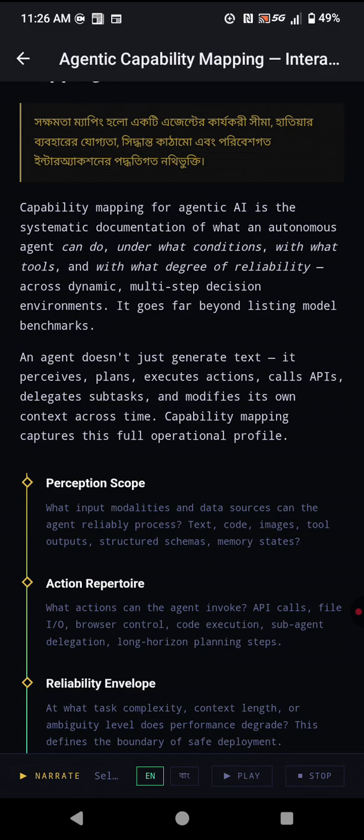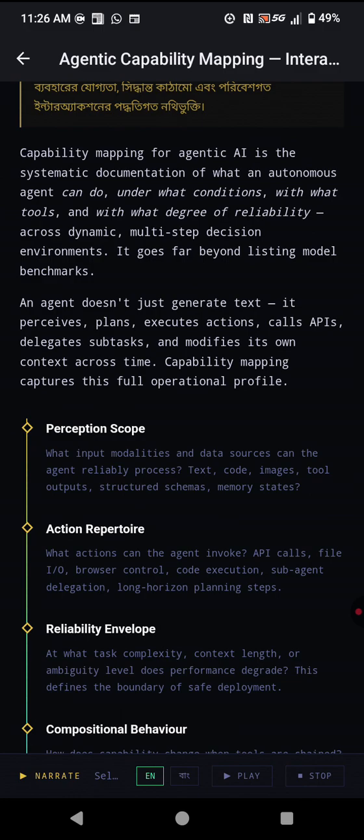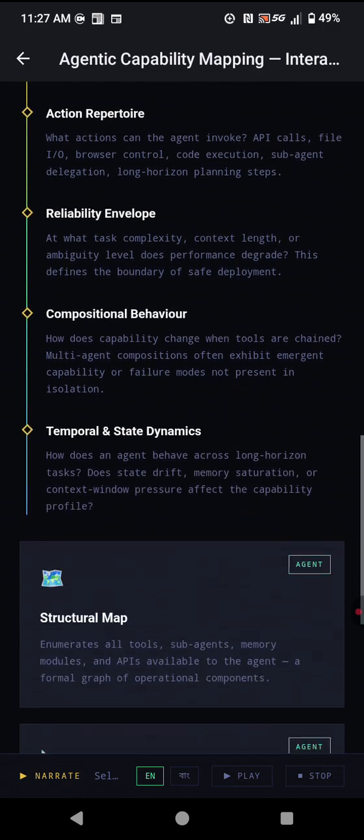So we have this perception scope: what input modalities, text, code, images, tool outputs, structured schemas, memory states, etc. Then we have action repertoire: which actions can the agent invoke, can it call APIs, voice APIs, can it do file IO, can it do browser control, can it do code execution, can it do sub-agent delegation, stuff like that.